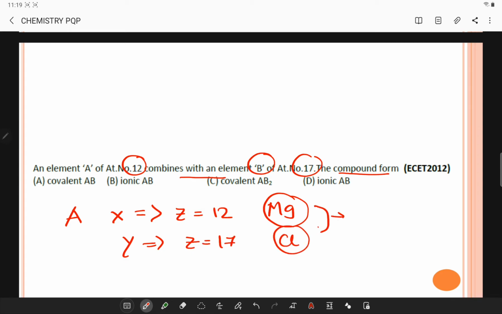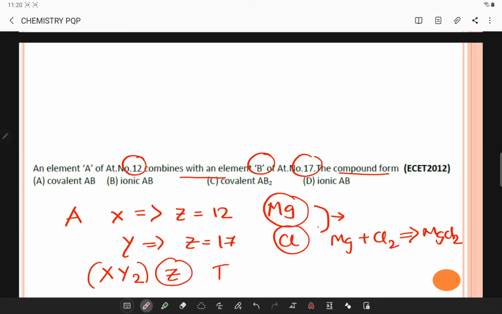If you combine both these, magnesium plus chlorine, you will get magnesium chloride, and the molecular formula is XY2. So this compound Z is an ionic compound, and hence it would conduct electricity in molten state.